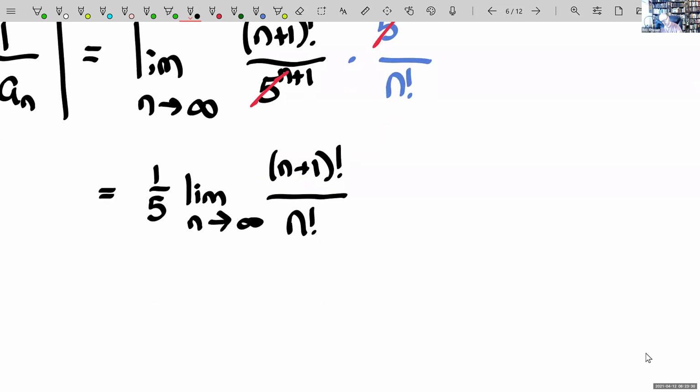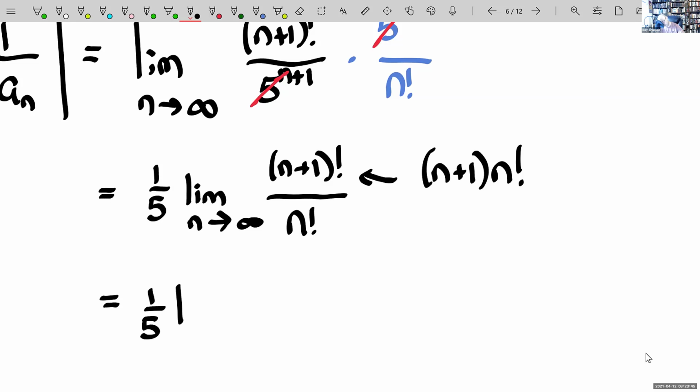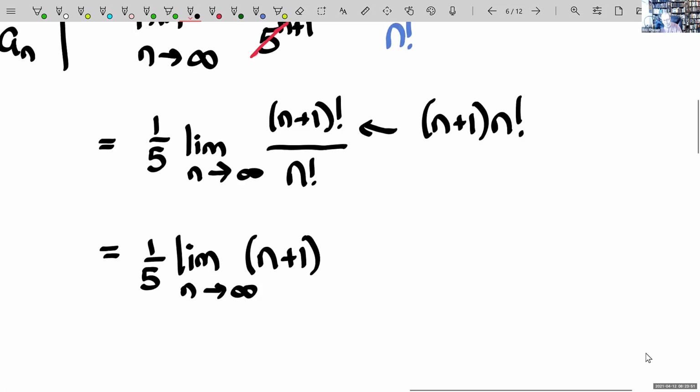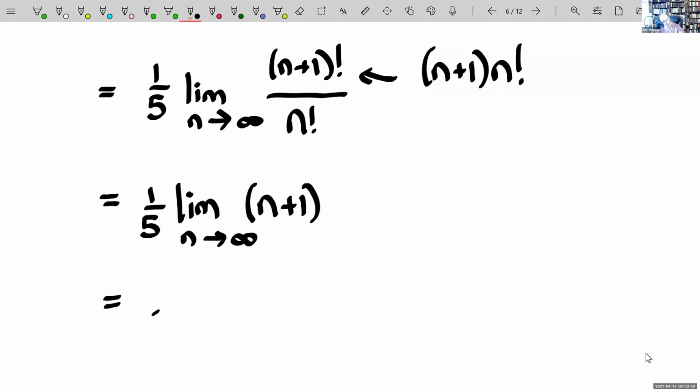Remember, n plus 1 factorial is n plus 1 times n factorial, which is n plus 1 times n times n minus 1, and so on. So the n factorials will cancel. You'll have 1/5 times the limit as n goes to infinity of n plus 1, and that tends to infinity.